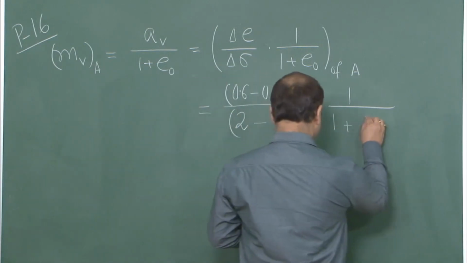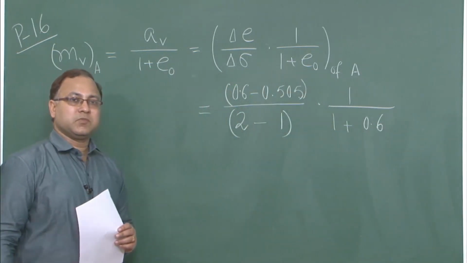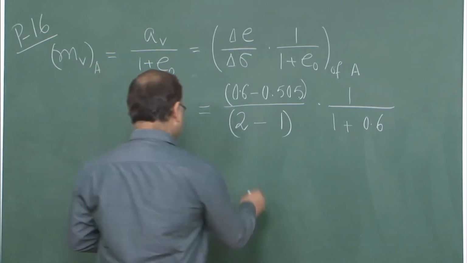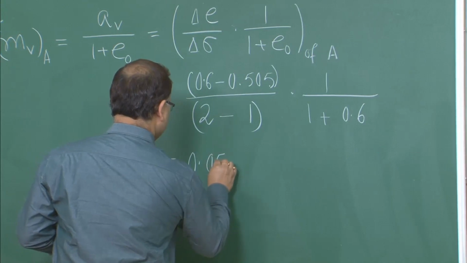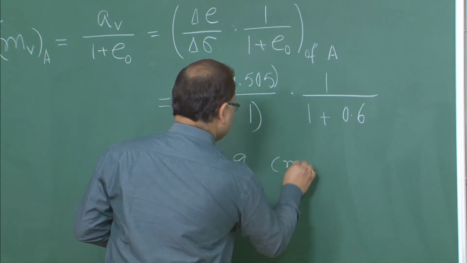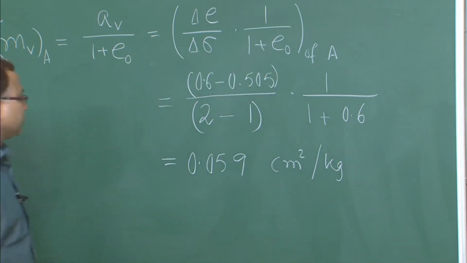E naught was 0.6, the initial void ratio for sample A. If you calculate this, you will get 0.059 centimeter square per kg. So, this is your MV for sample A.